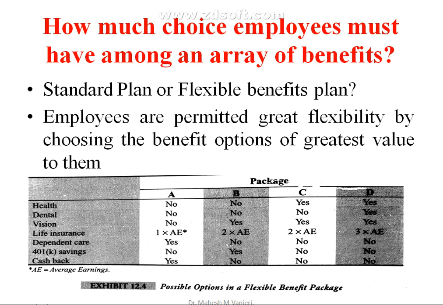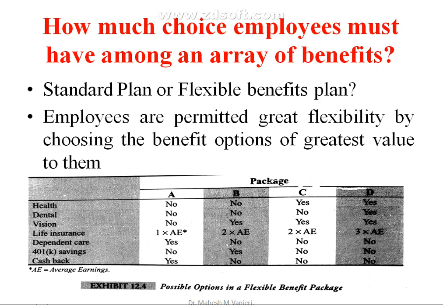Vision is eye care. If a person is healthy, and his eyes and teeth are very healthy, will he go for dental and eye care options? No. So this choice is given to the employees themselves. They can choose any of these options, and to the extent percentage also they can choose. That is what is called a flexible benefits plan.